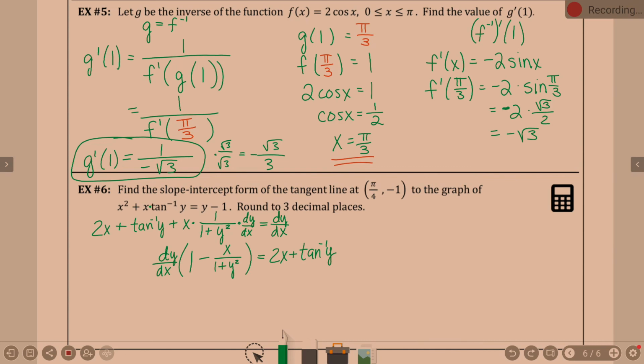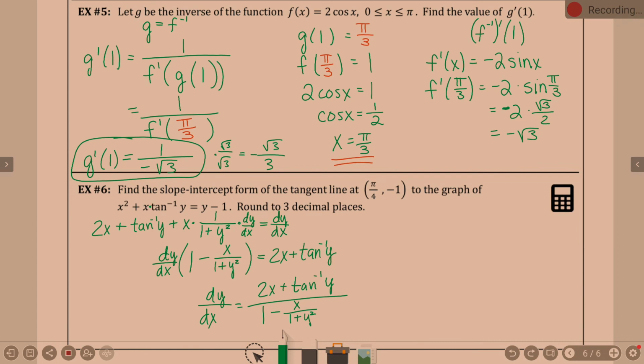Okay. Keep in mind we're going to plug this into the calculator, yes? I started to clean this up, but then when I checked it against the notes, they left an ugly form because what are we doing? Plugging into the calculator. So if you look in the notes, it's dy dx is 2x plus tan inverse of y divided by 1 minus x over 1 plus y squared. They didn't clean it up past that because we're going to put it in the calculator.